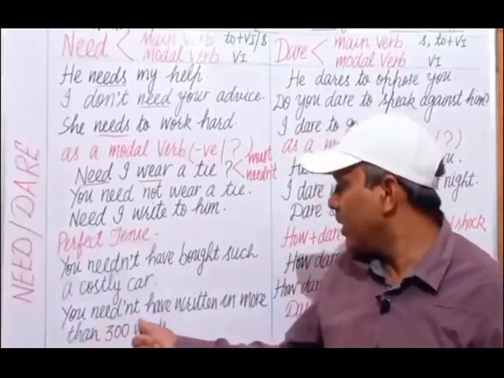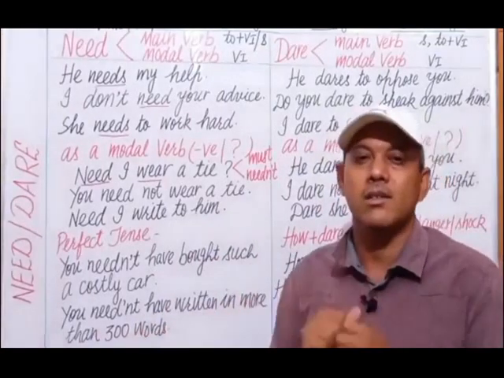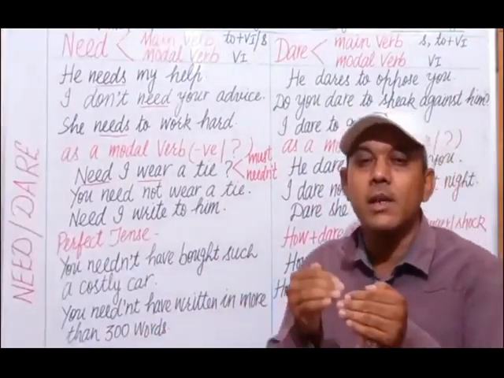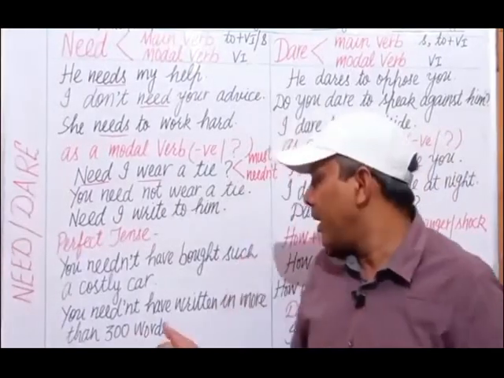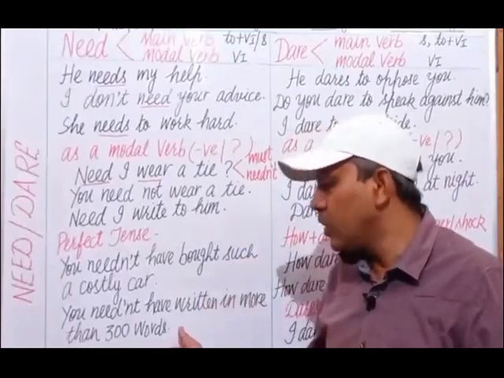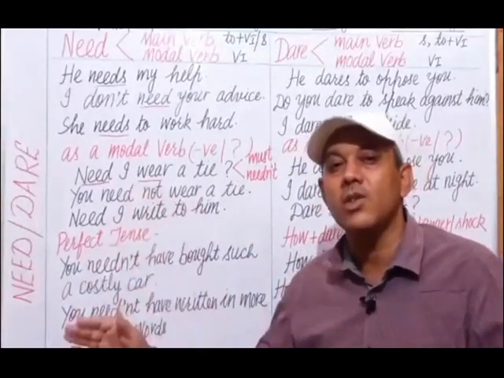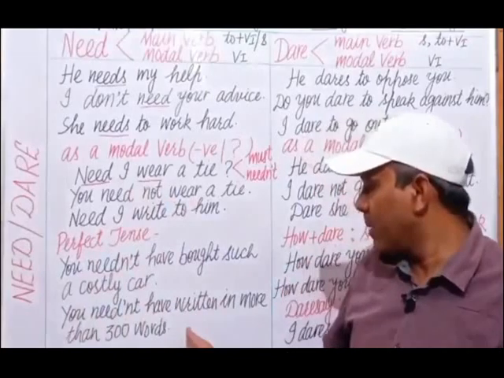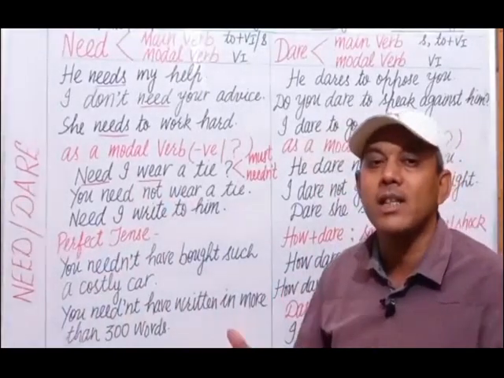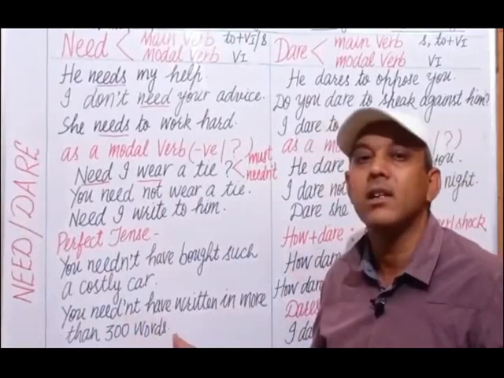And next, you needn't have written in more than 300 words. मान लीजिए हम किसी एग्जाम में, किसी पेपर में एक ऐसे लिखवाते हैं इन 300 वर्ड्स. उसने लिख दिया इसको 500 वर्ड्स में और उसकी वजह से उसके 3-4 क्वेश्चंस छूट गए. तो उसके बाद मैं उसको कह सकता हूं, एक एडवाइस दे सकता हूं कि you needn't have written in more than 300 words.